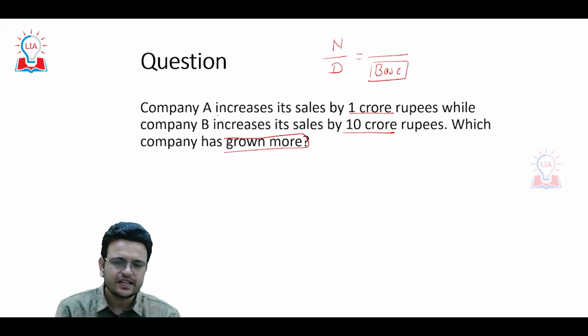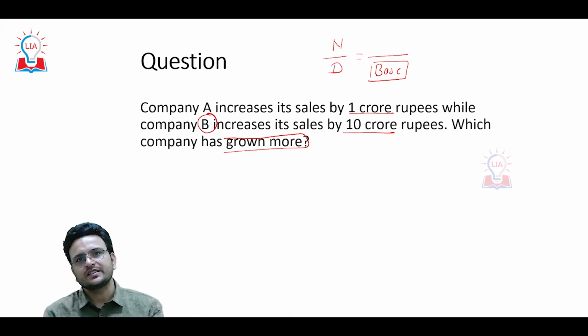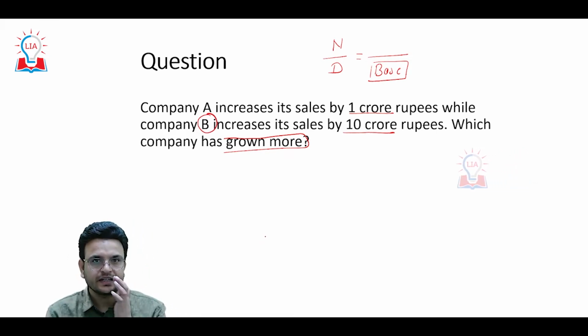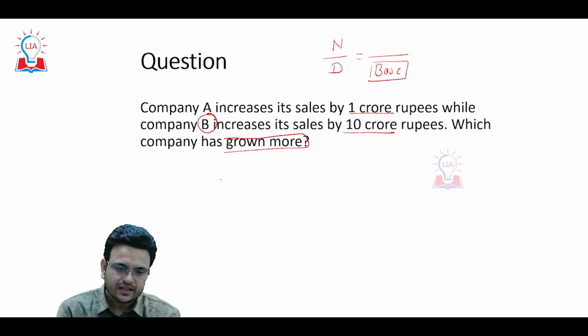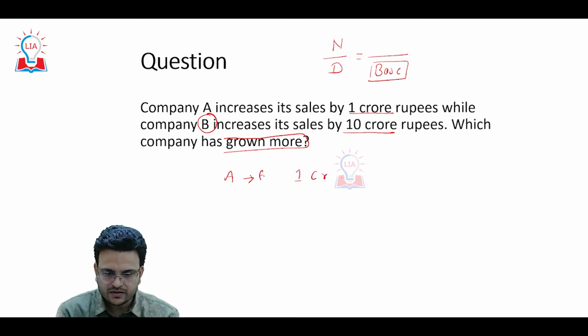Simply, we can say that company B performed very well because its sale increased by 10 crore. But we have to think again. Company A's sale increased from 1 crore to 2 crore.